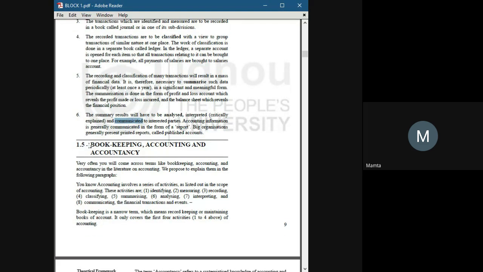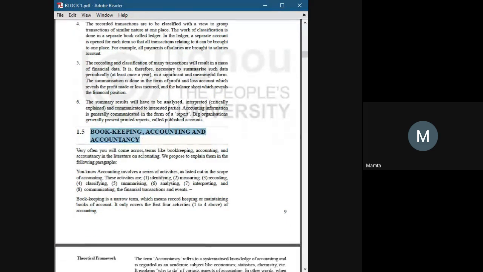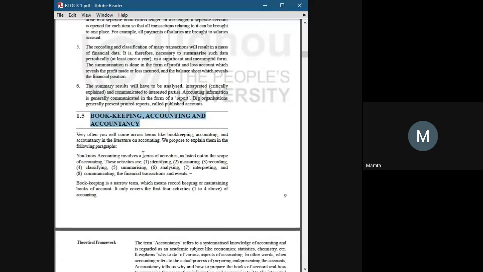Now coming to the point, bookkeeping and accountancy. See, bookkeeping is a narrow term. You have heard of them as if they are the same, but there is a slight difference in both of them. You can say that bookkeeping is a part of accountancy, as it is a narrow term.